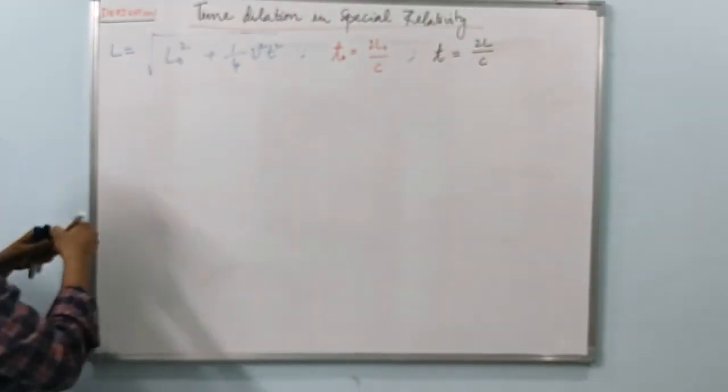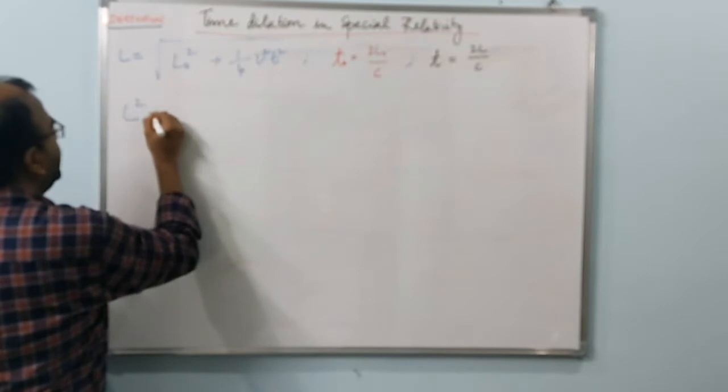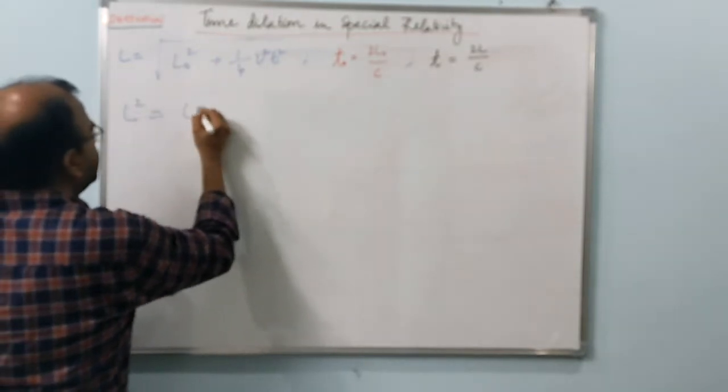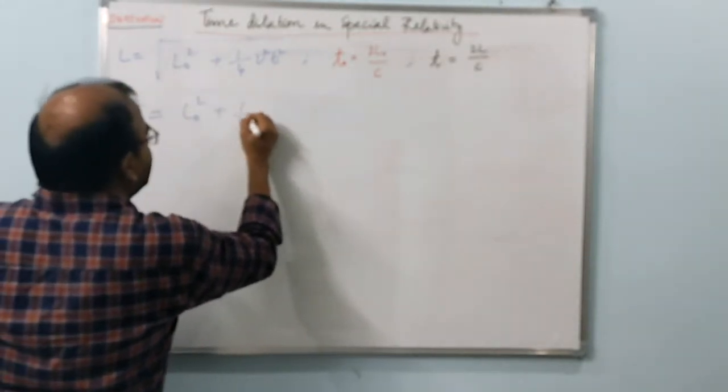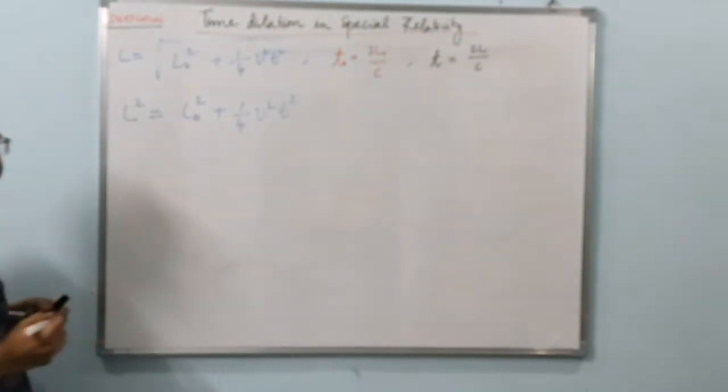We can now square this one on both sides. So we have L squared on one side, and here it is going to be L naught squared plus 1/4 of V squared T squared.